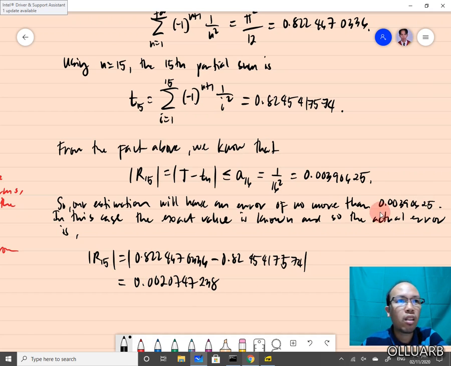As you can see, they are not much different. Of course this one is lesser than this one. So which is correct based on our discussion? I will correct this one. May I erase this? So let's wait.